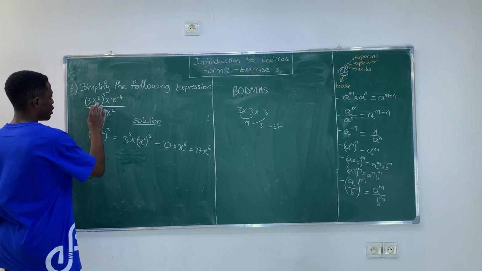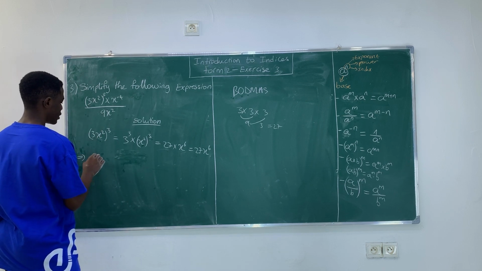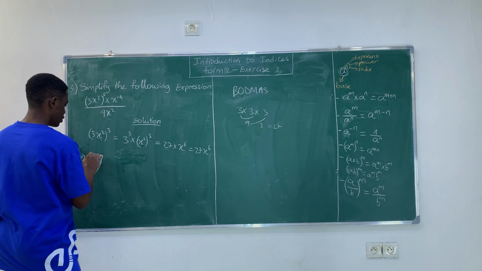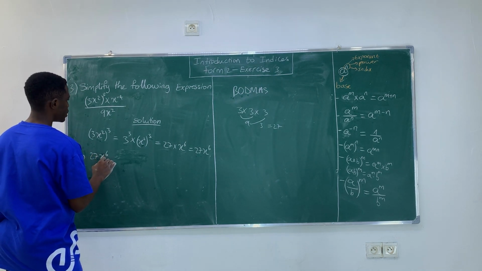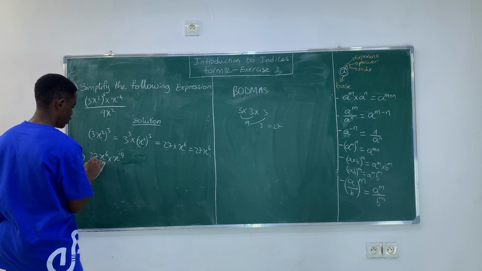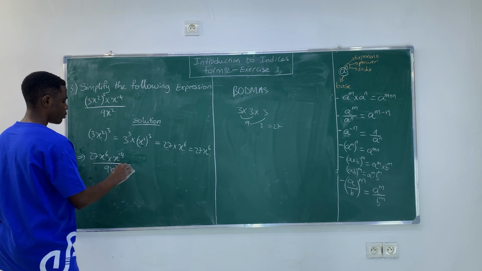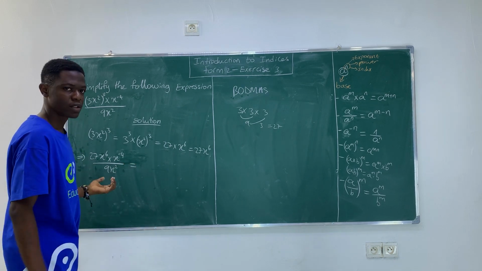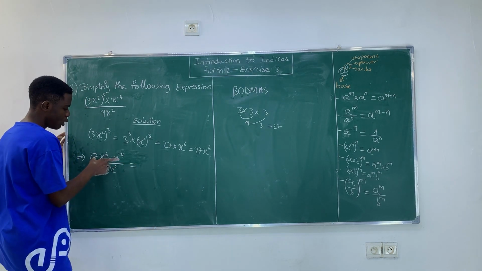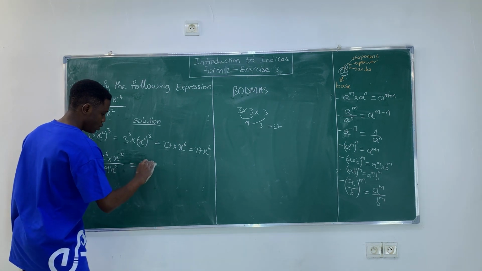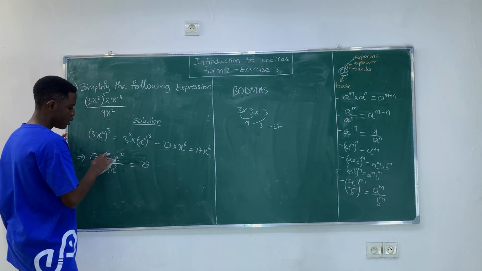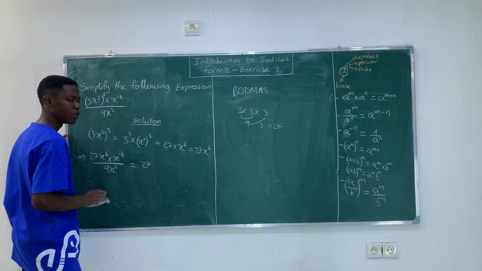So we can write this as 27x to the power 6 times x to the power negative 4, all over 9x squared. What is this going to be? If we take the upper part, we have 27 x to the power 6 times x to the power minus 4.